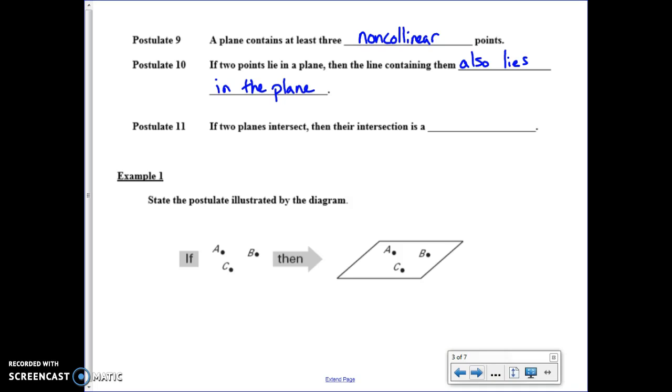All right, our last postulate is if 2 planes intersect, then their intersection is a line. And we've drawn this before, so I'm going to show you again. I would draw a straight on box here to represent one of the planes. And then I'm going to dash the box behind.